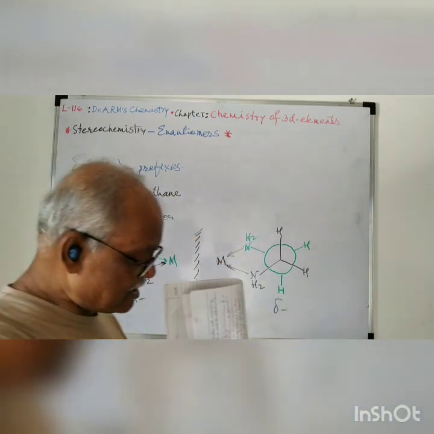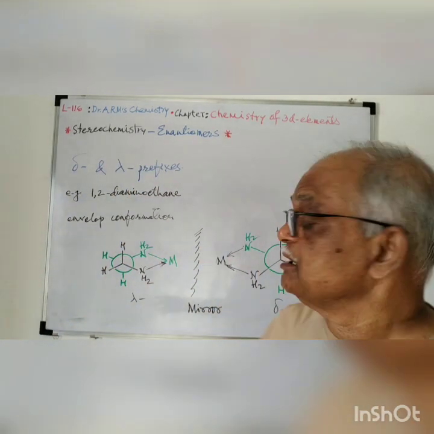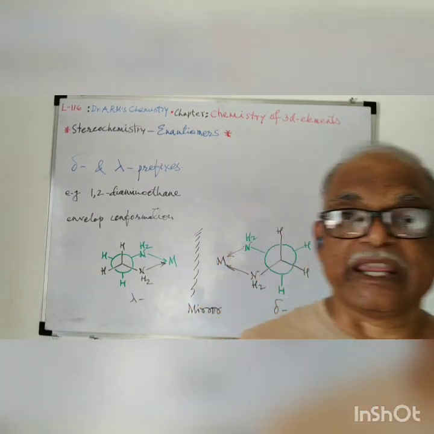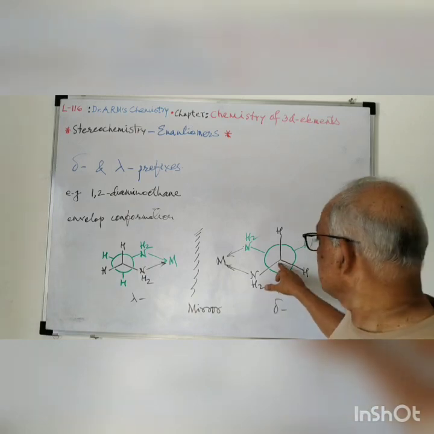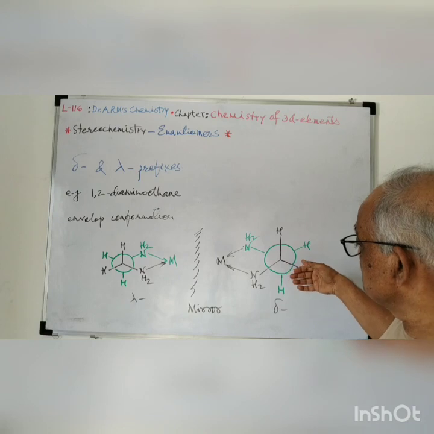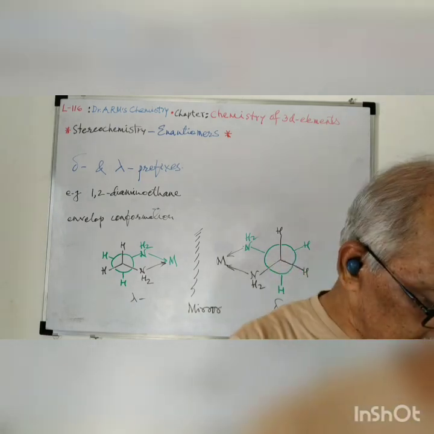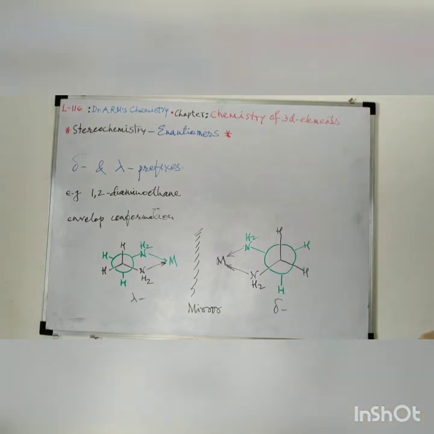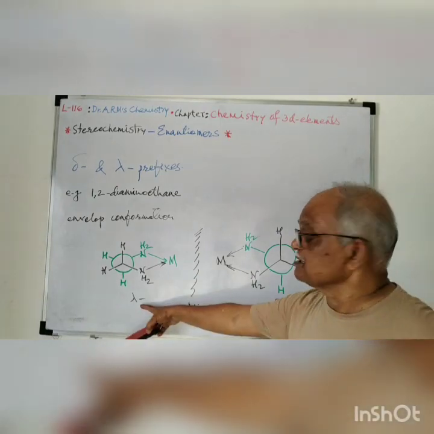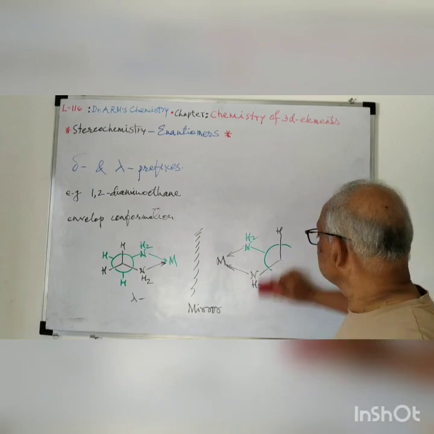So the prefixes are used in this way when the two carbons are viewed in this way, so that one is visible easily, but that backward is not visible, but that is indicated in this form. So using this mirror image structure, we can understand how these lambda and delta are used as a prefix.